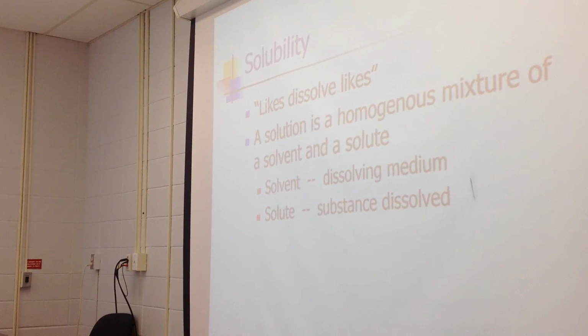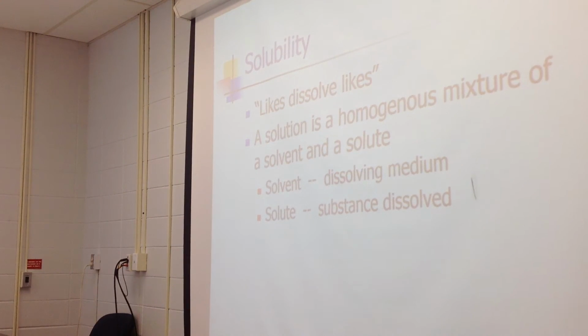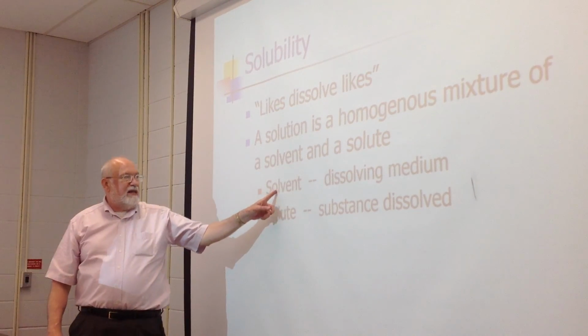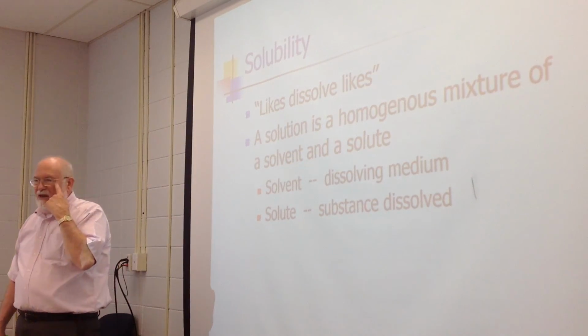Water. And if a solution uses water as the solvent, it's very often called an aqueous solution. So when you go to the cocktail party and there's a cluster of people chattering about aqueous solutions, they mean that water is serving as the solvent or the dissolving medium.